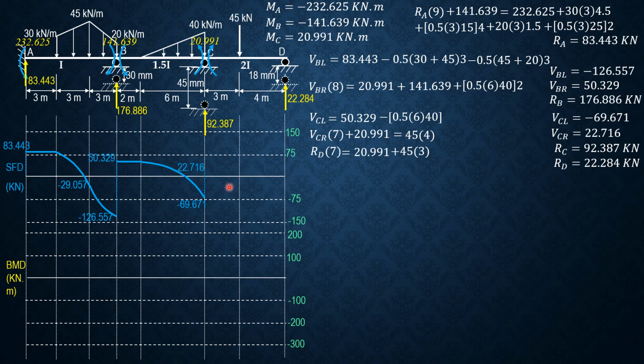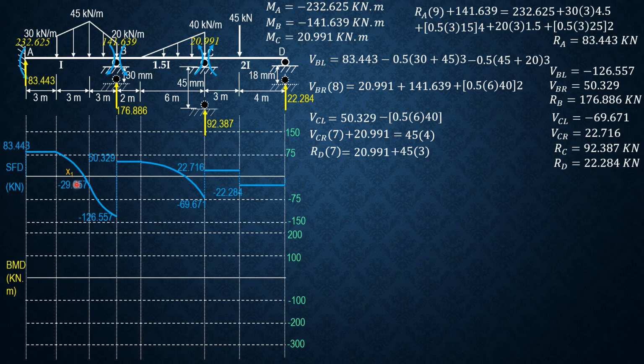Plus 92.387, 22.716, which is the shear just to the right of C. Then constant, and minus 45. So negative 22.284 constant, which is the shear just to the left of D. Plus 22.284, so that closes. Then for the moment diagram, we have negative 232.625 beginning here, going down.